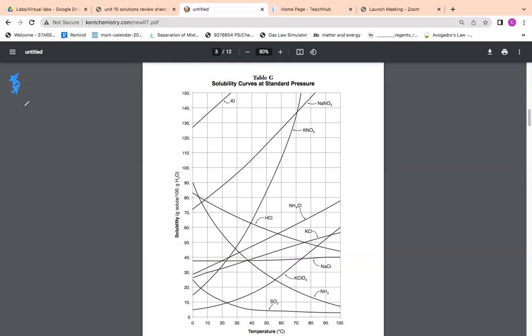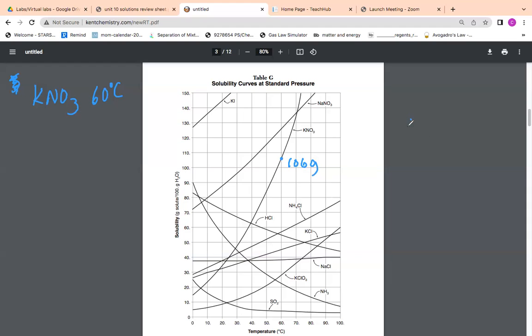Okay, we want to make a saturated solution of KNO3 at 60 degrees Celsius. So here's our line, 60 degrees Celsius. I'm just going to go up until I get here, right on the line. And it's right over like the halfway mark. So I'm just going to say it's like 106 grams.